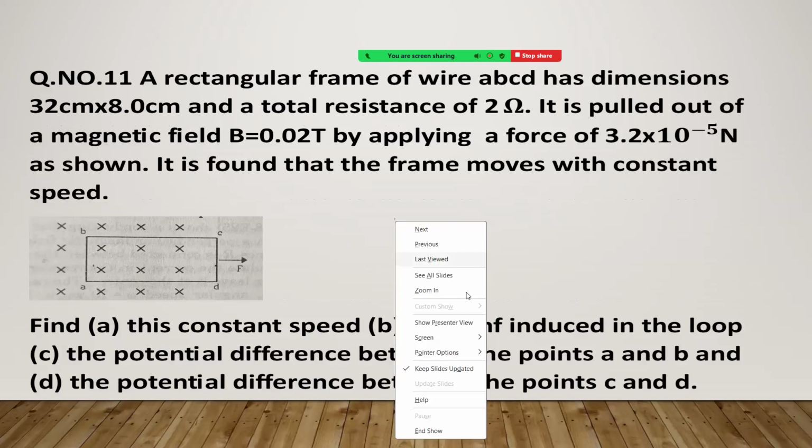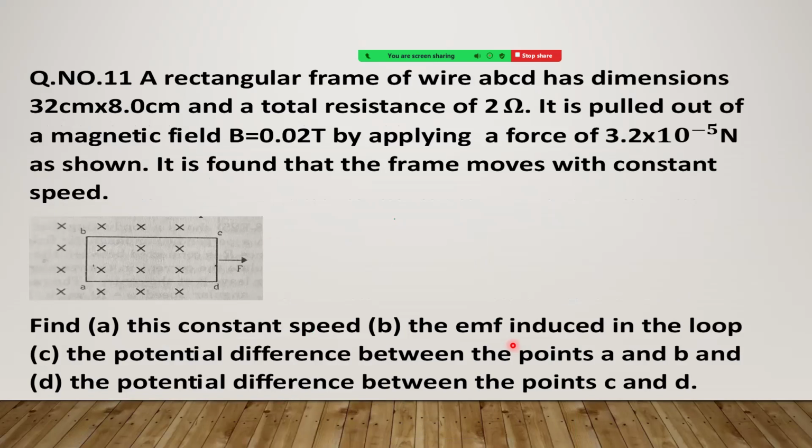Right, see the question given. A rectangular frame of wire ABCD has dimensions 32 by 8 and a total resistance of 2 ohm. It is pulled out of a magnetic field by applying a force as shown.